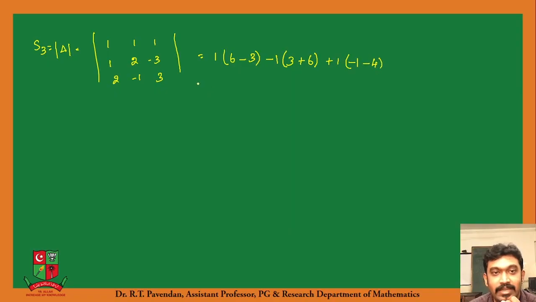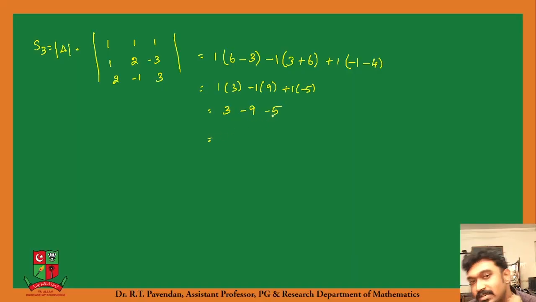I hope you all get this. So this is equal to 1 into 3 minus 1 into 9 plus 1 into minus 5. So the values are 3 minus 9 minus 5. So these two clubs to get minus 14 plus 3. So that is minus 11.